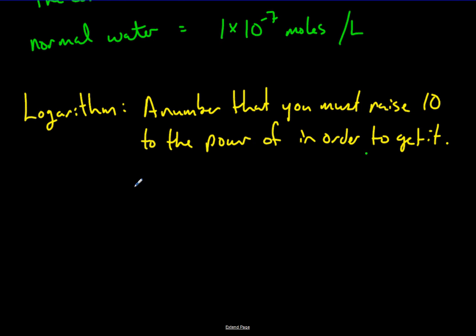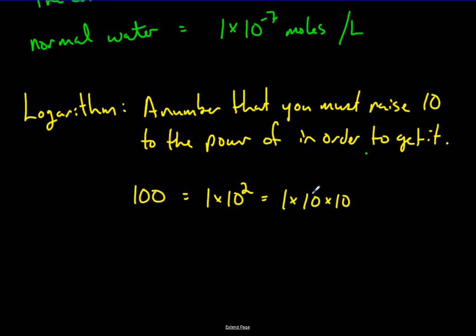Let's say we have the number 100, okay? Now, 100 is equal to 1 times 10 raised to the power of 2. Do you know that from math class? Which is equal to 1 times 10 times itself. Okay, are you with me? 1 times 10 squared is the same as 1 times 10 times 10, right?